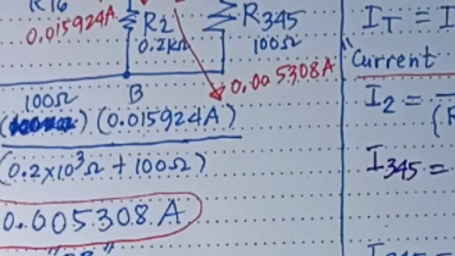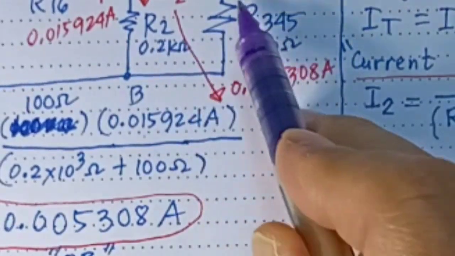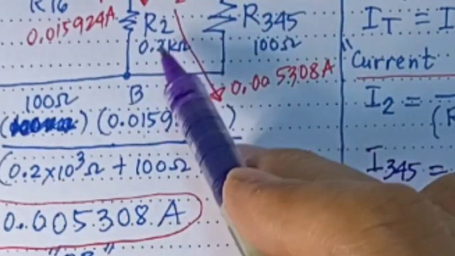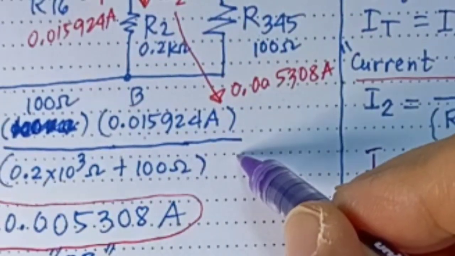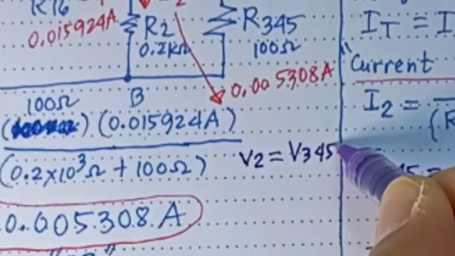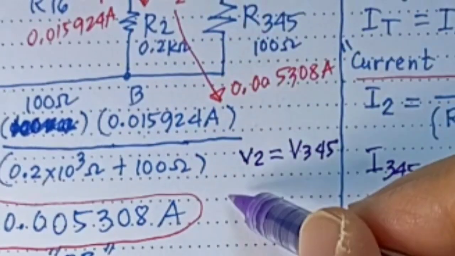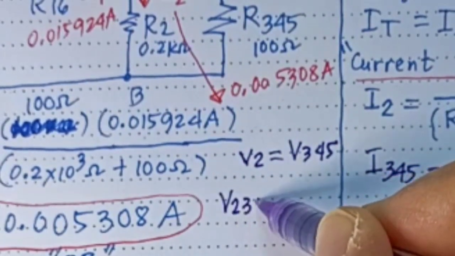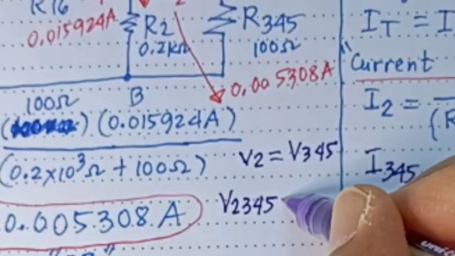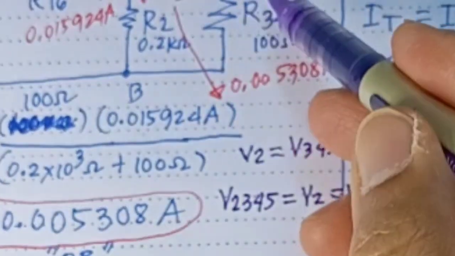And because of that, we can say that over here, R2 and R345 are in parallel, right? In parallel, so we can say that V2 is equal to V345. But the total of the voltage here is called V2345. Therefore, this is equal to V2, this is equal to V345.